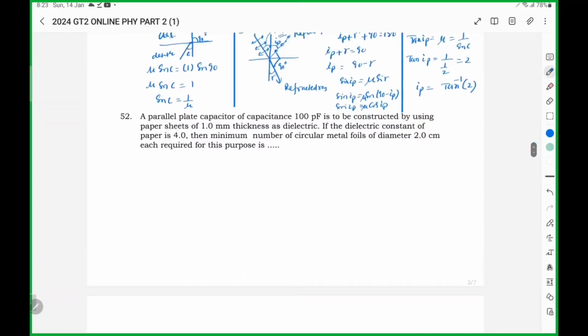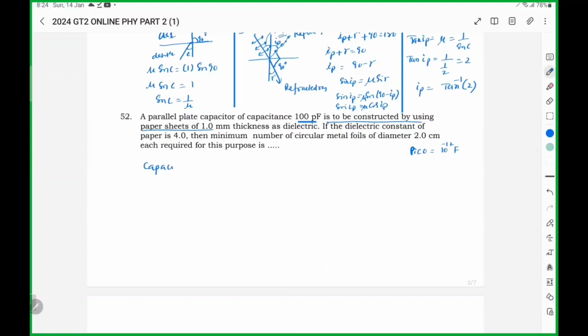Here, a parallel plate capacitor of capacitance 100 picofarads, pico is 10 power minus 12 farad, is to be constructed using paper sheets of a given thickness.